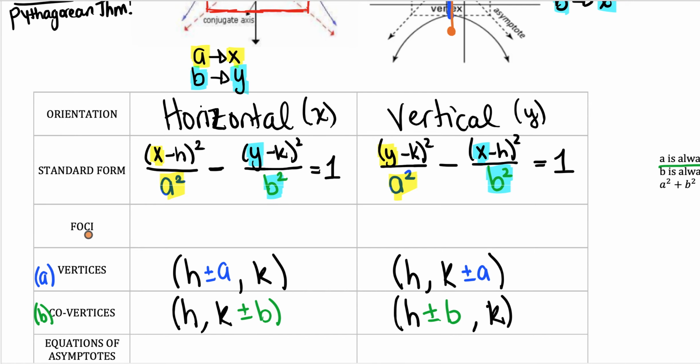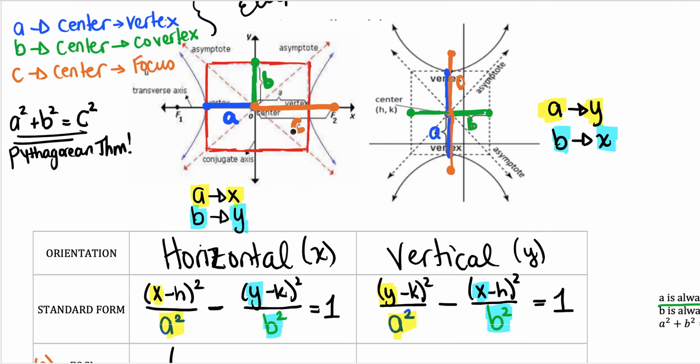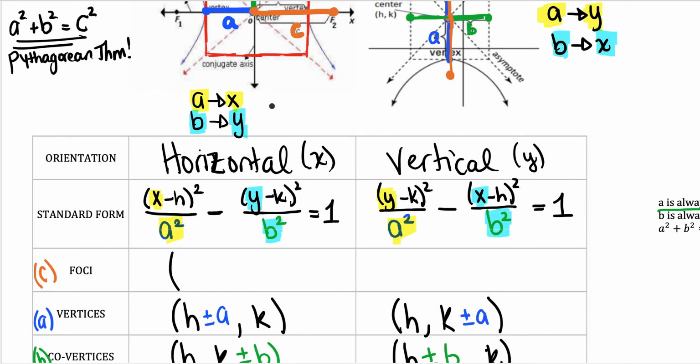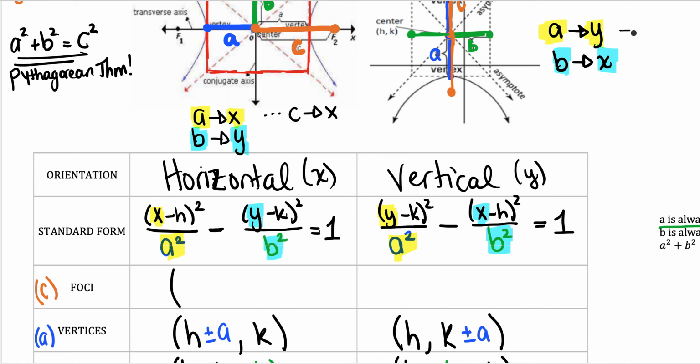Our foci are being directly affected by c. Foci and vertices are on the same line; they are both on the transverse axis. So if a is x, that means c is also x. That's really important here. And if a is y, that means c is also y.